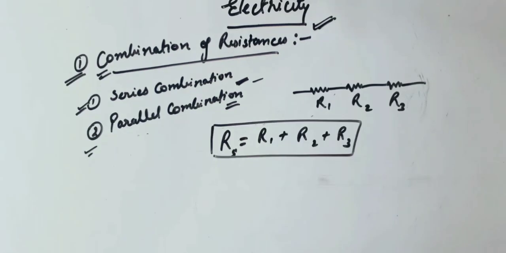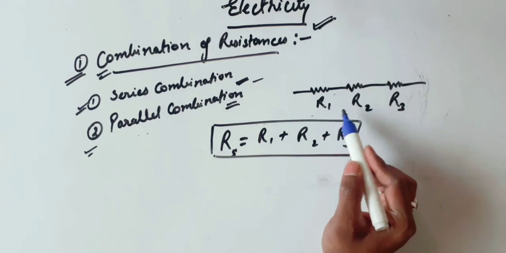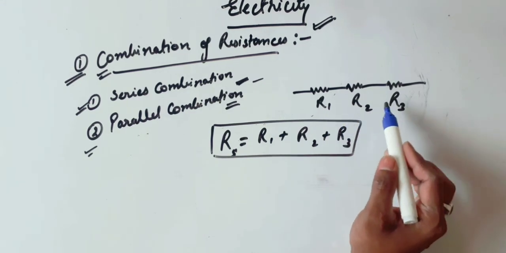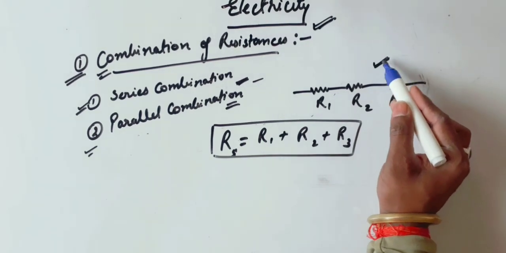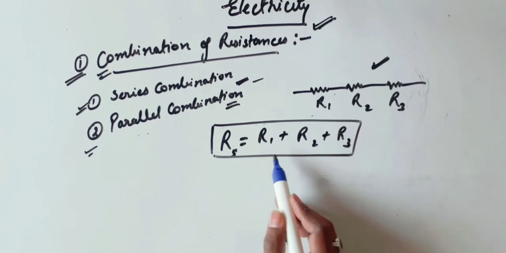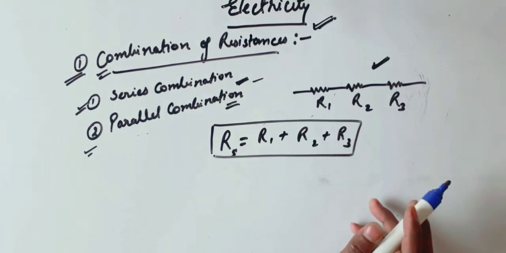If three resistances R1, R2 and R3 are connected in series combination, the net resistance of this circuit will be equal to R1 plus R2 plus R3.